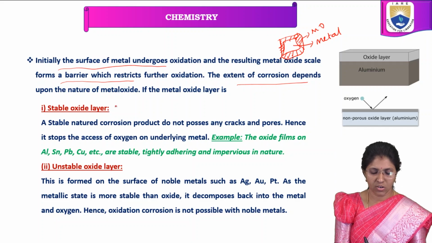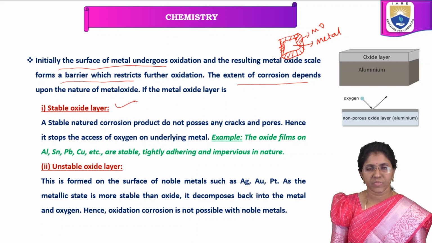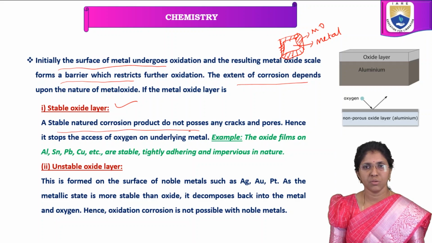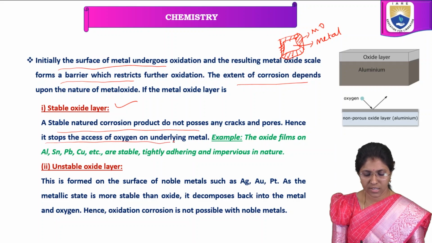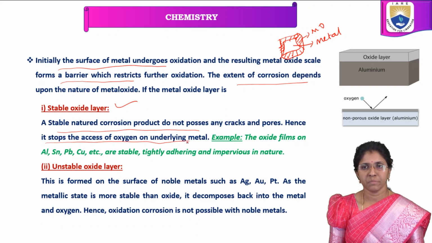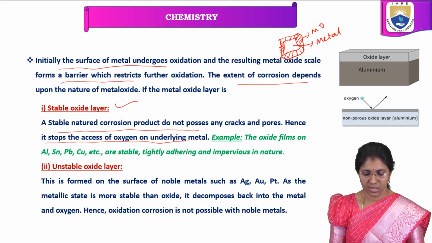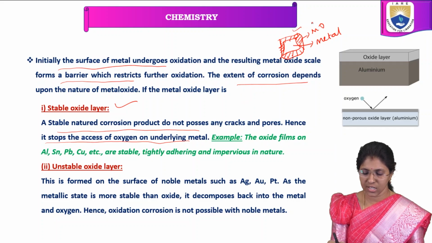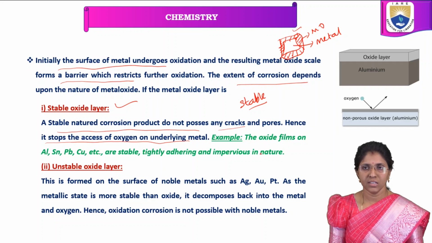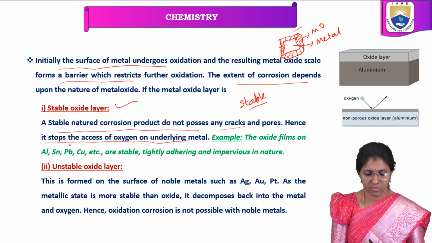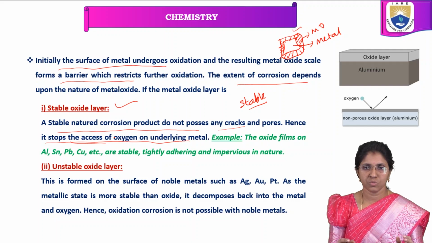If the formed oxide layer is stable, a stable corrosion product does not possess any cracks, pores or pinholes. Hence it stops the access of oxygen to the underlying metal.